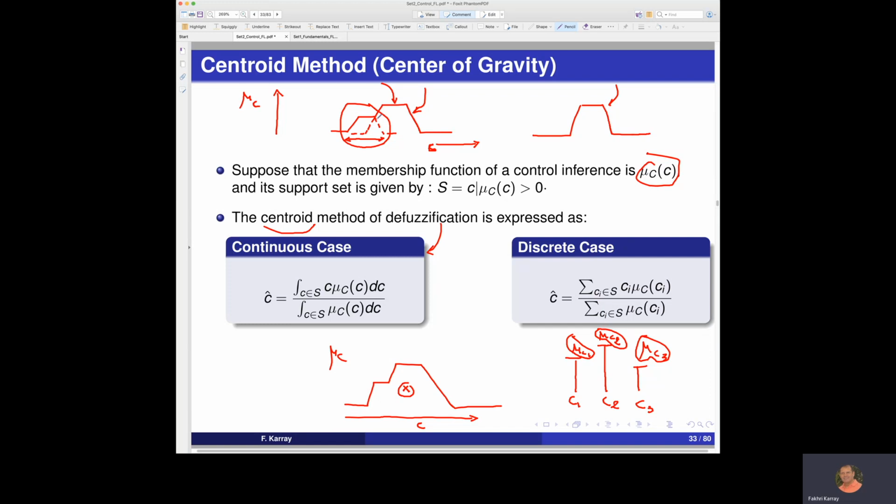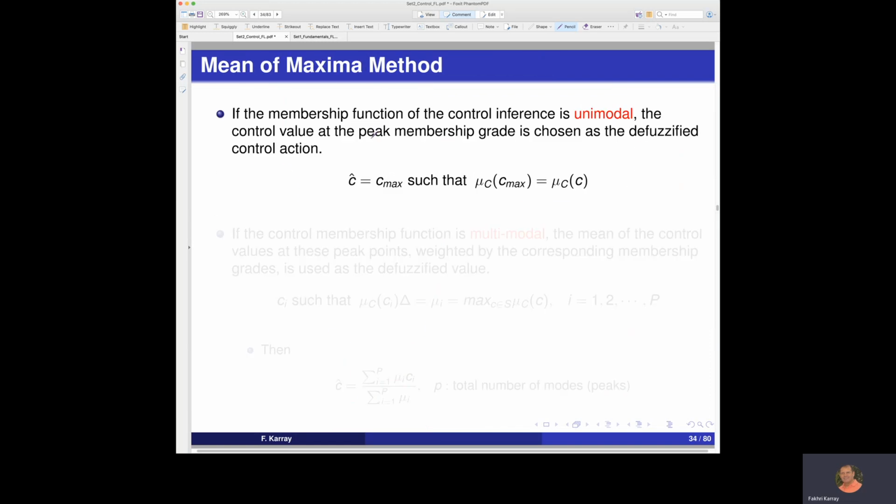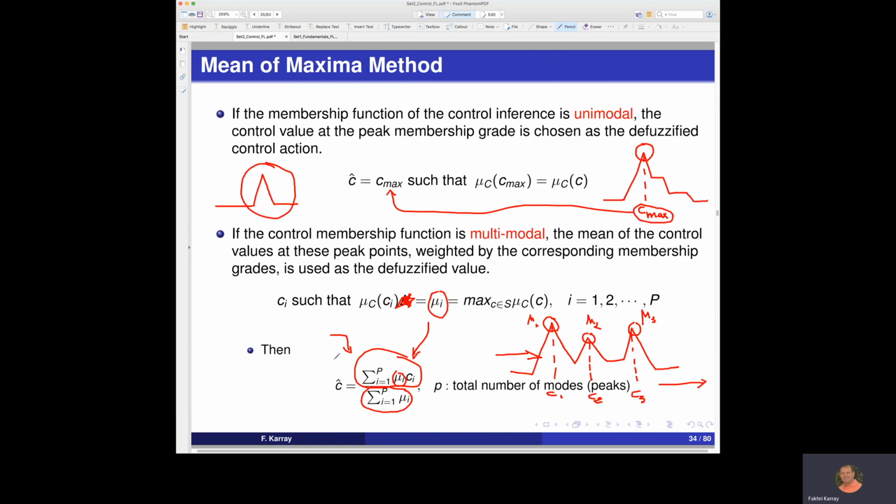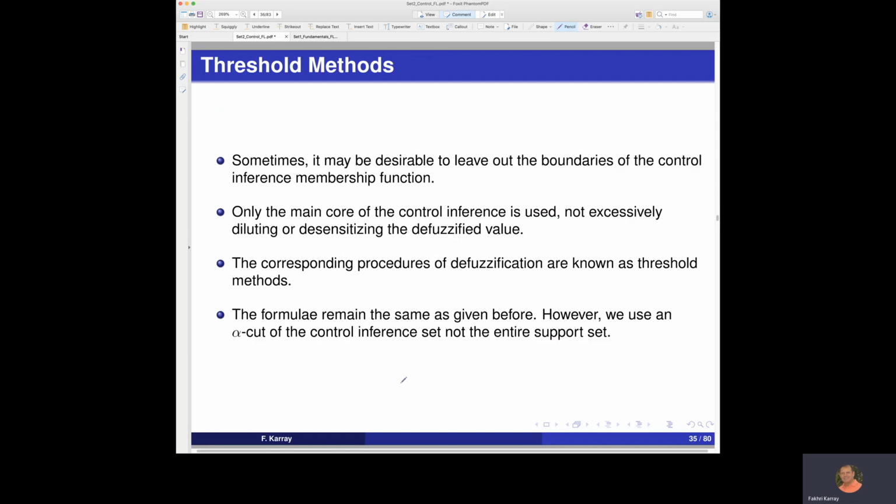So the discrete case for the centroid method is no other than the same as the values that we are computing here for a continuous case, but for a multimodal version of the system. So this is what we call the mean of maxima, for unimodal and for multimodal systems.